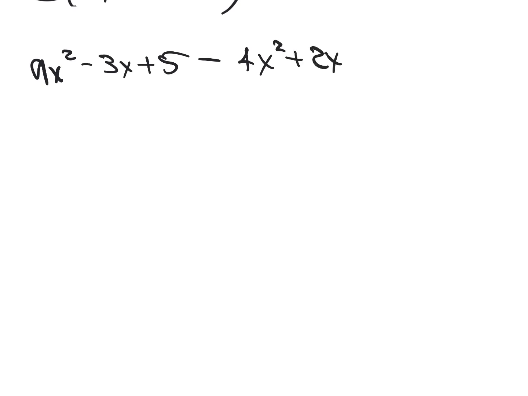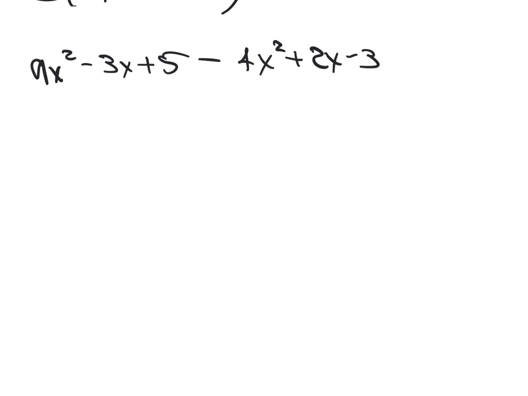So if I have, like example 8 says, subtract 4x squared plus 2x minus 3 from 9x squared minus 3x plus 5. So it says subtract 4x squared plus 2x minus 3.